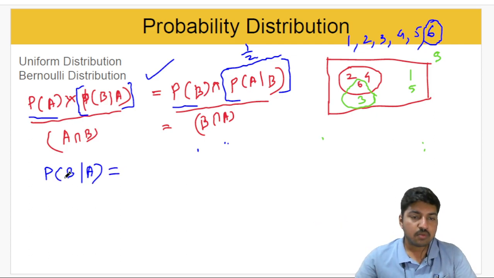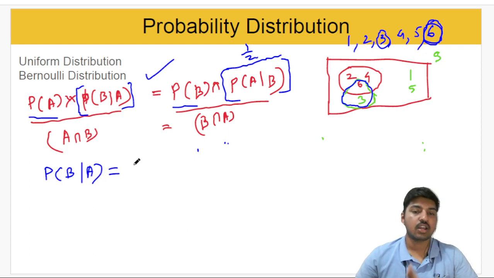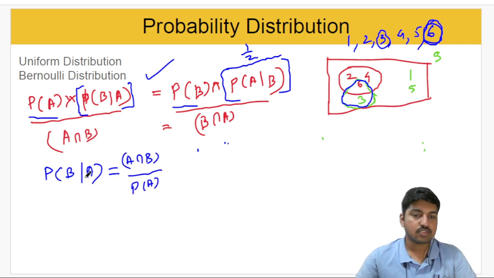B is divisible by 3, that is 3 and 6. And what is my A? It is even number. How many favorable outcomes satisfy both, divisible by 3 and even? Only one outcome, which is 6. So the formula for probability of B given A is probability of A intersection B divided by probability of A, correct?